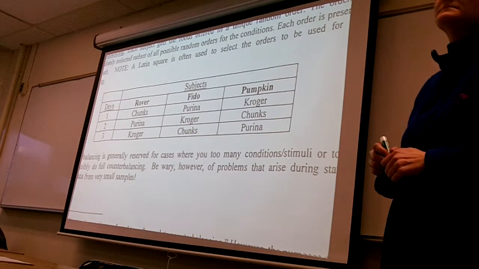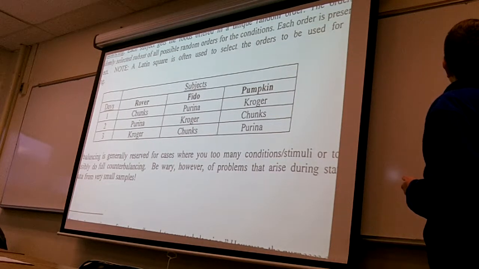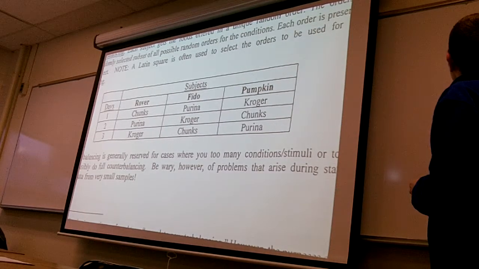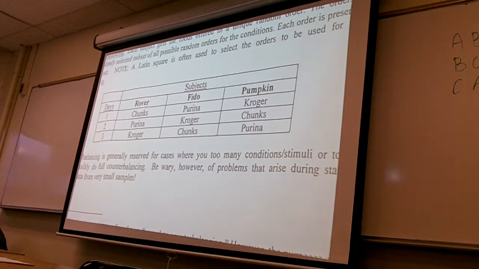System like ABC. Okay, ABC. Yeah. What's the next one? BCA. Okay. And what's the next one? Okay. And what do you notice about that selection?